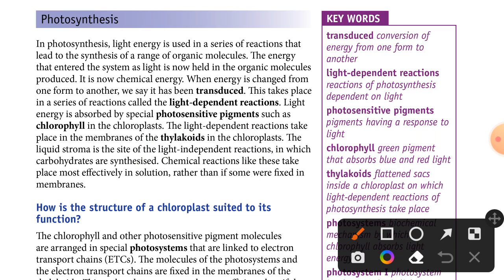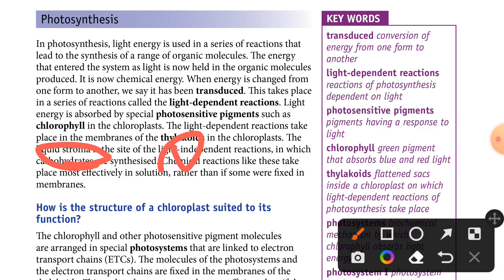Thylakoid keessatti light dependent raawwata. The liquid of stroma immoo light independent reaction keessatti raawwata. Independent kun yeroo dubbisnu I independent. Stroma kana gaafa dubbisnu stroma I jechuudha.